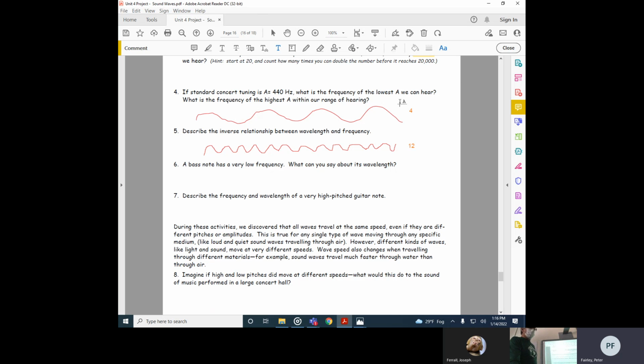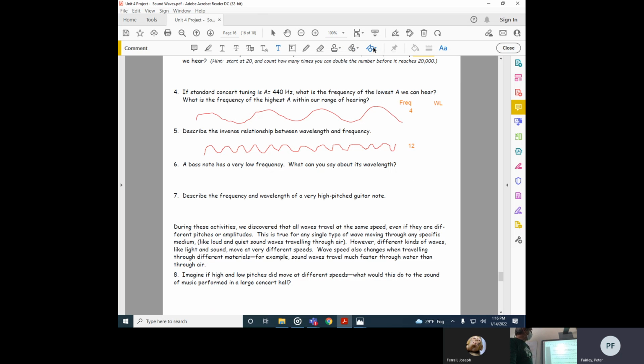Now that is what we call the frequency. The number of waves is the frequency. Does that make sense? Yeah. But there's another measurement we need to talk about called wavelength. I'm just going to call it WL. Now look at this.